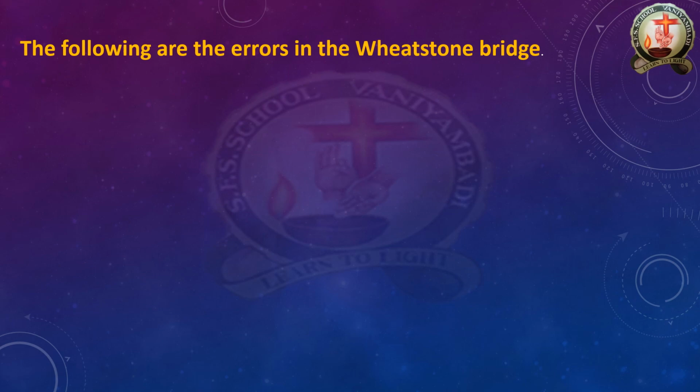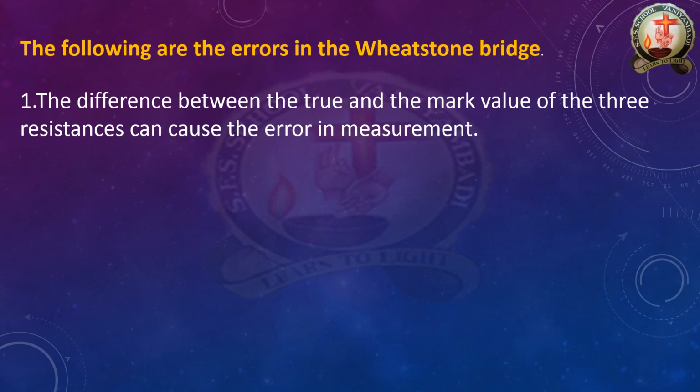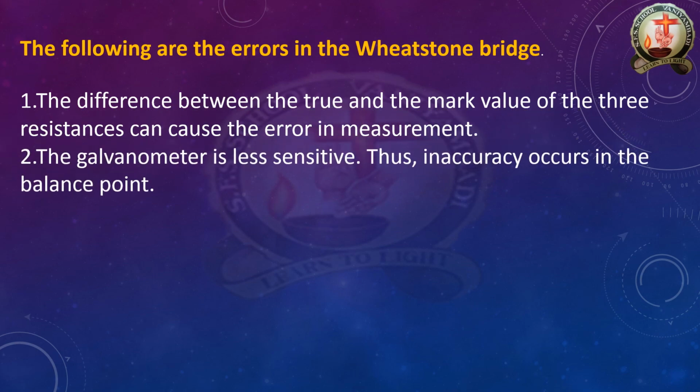So the following errors will apply. Some of the difficulties are there. The difference between the true and marked values. Some oscillation is there. Experimentally we are getting one value, but theoretically we are getting another value. The galvanometer is less sensitive compared to the voltmeter, so inaccuracy occurs at the balance point. The galvanometer, we are adjusting the S for that resistance, but the voltmeter is very sensitive.